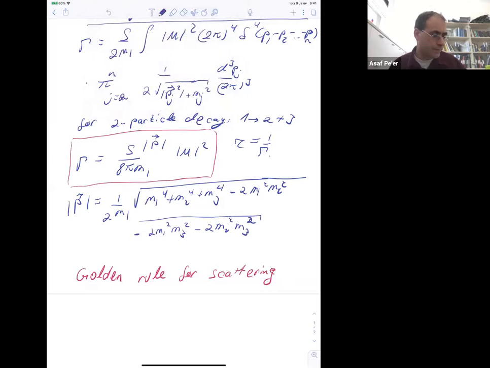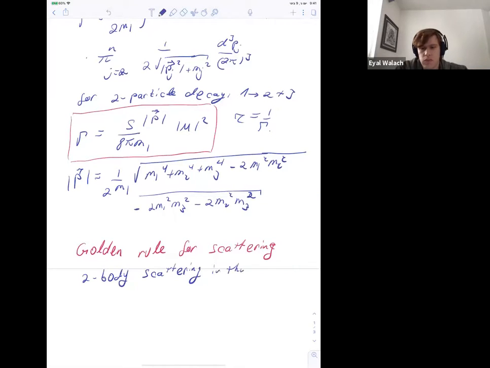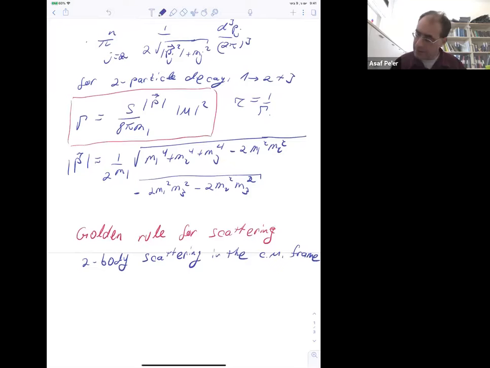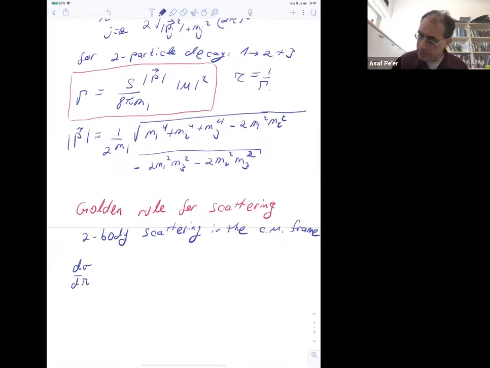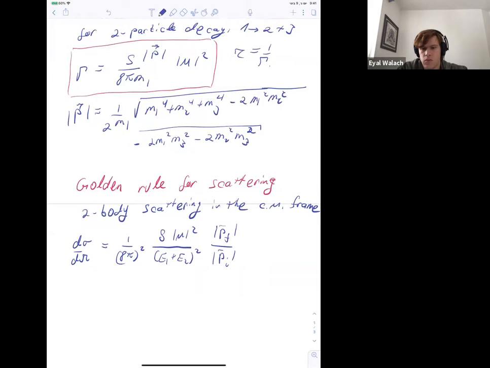So for two-body scattering in the center of mass frame, we have that dσ/dΩ, the differential cross-section, is 1 over 8π squared, times S times |M|^2 divided by (E1 + E2) squared, and then the magnitude of p final over the magnitude of p initial. That's the result that we got.